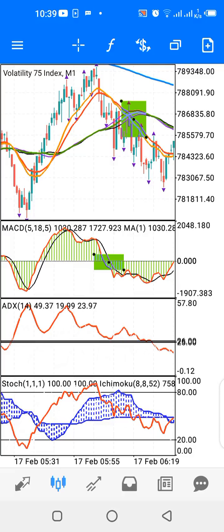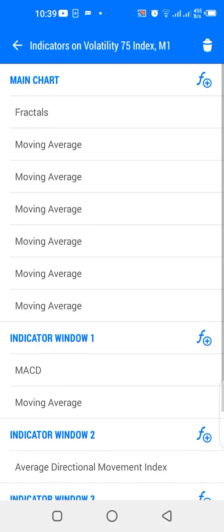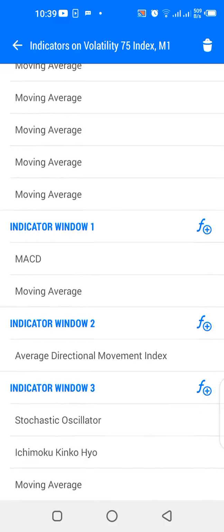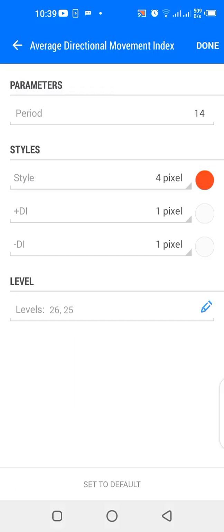Okay, let's look at indicator window 2. For indicator window 2, we have just the average directional movement index, the ADX. The parameter period is 14.